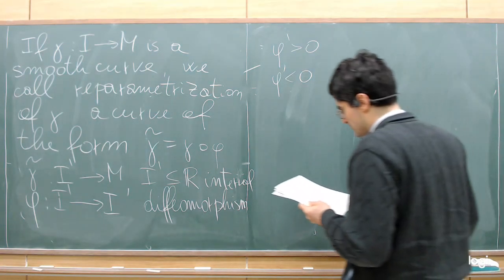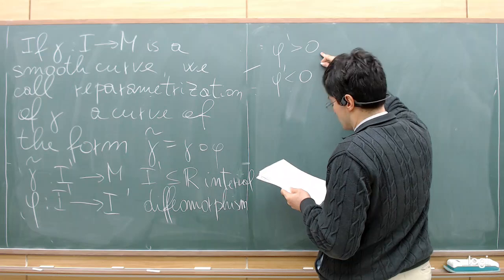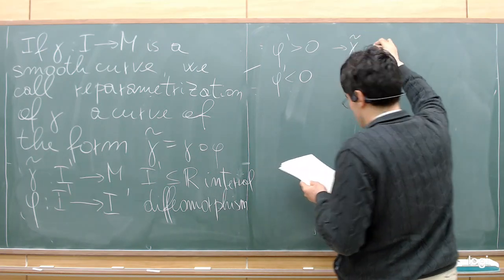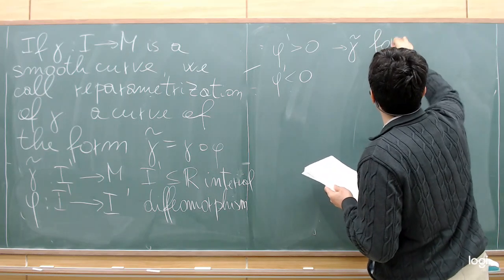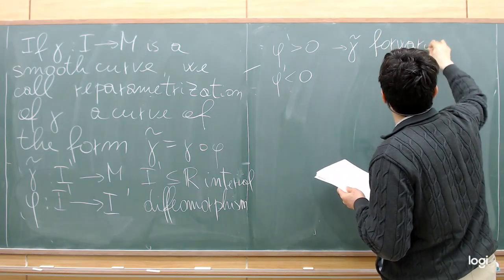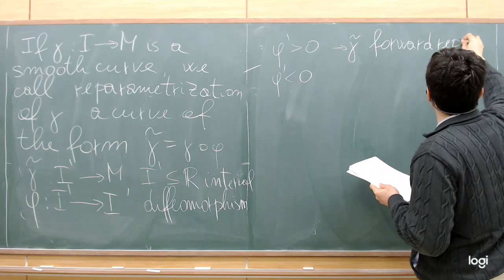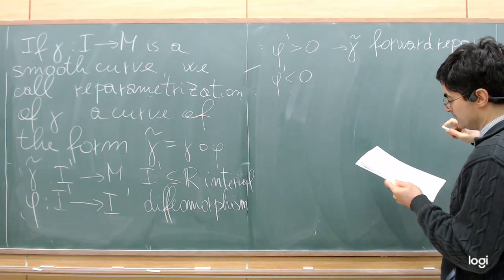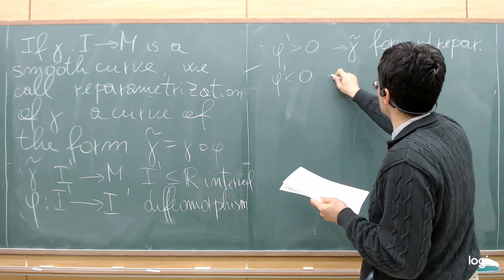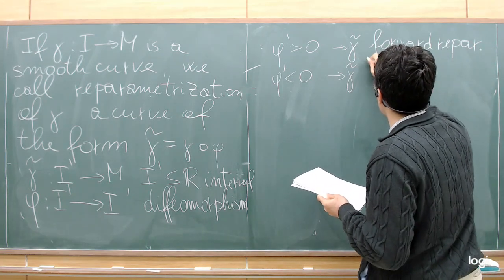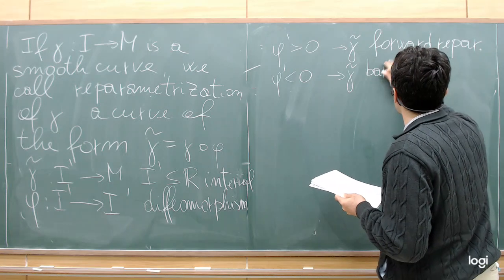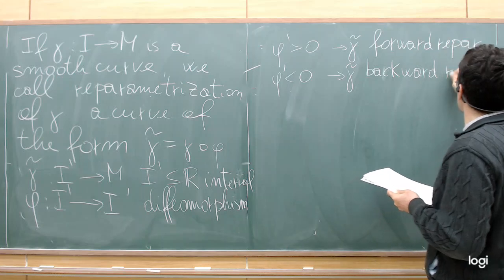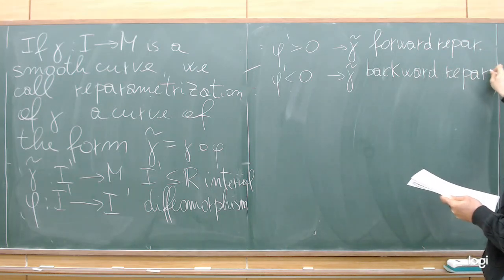In this case we say that gamma tilde is a forward reparametrization of gamma, and in this case we say that gamma tilde is a backward reparametrization of gamma.